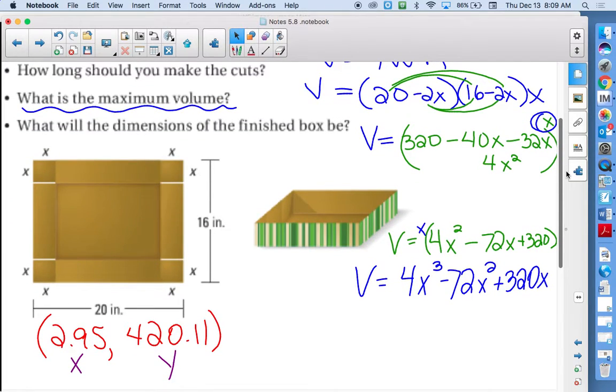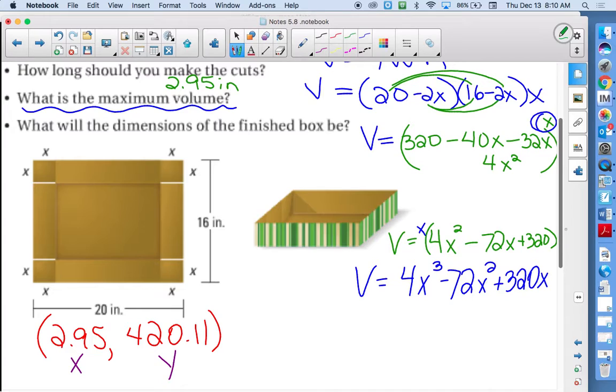What is the dimension of the finished box? What does that x represent? Julian? The length of the cuts. Yeah, that's the length of the cut. So that's how far we should cut in to get these sides to fold up. So probably we're going to make it closer to 3, but this is saying 2.95. I don't know if you can be that exact. When you cut it, you're probably going to make it 3 inches.